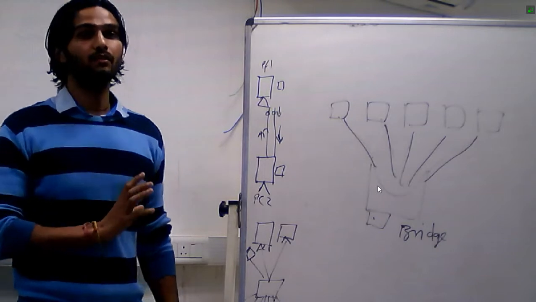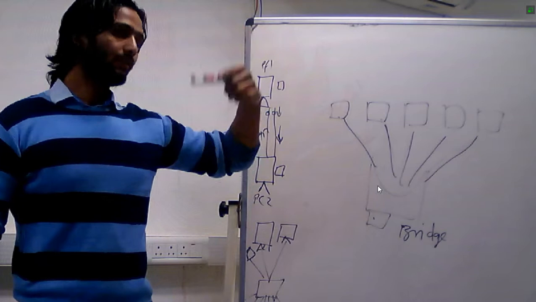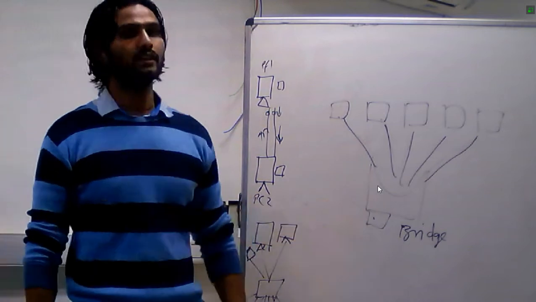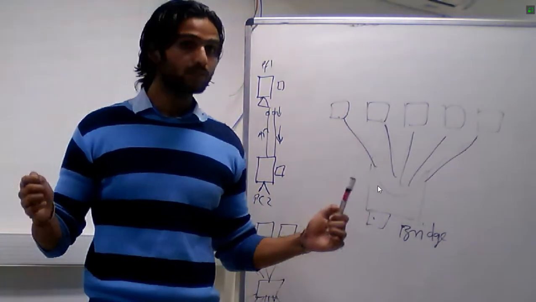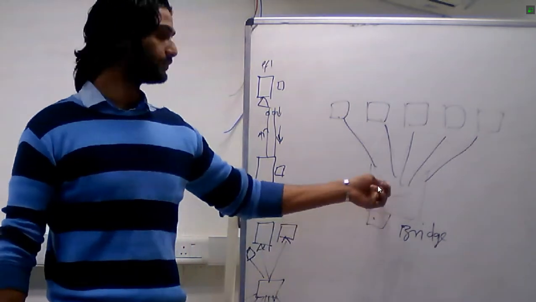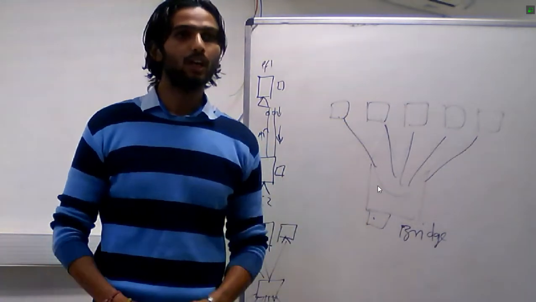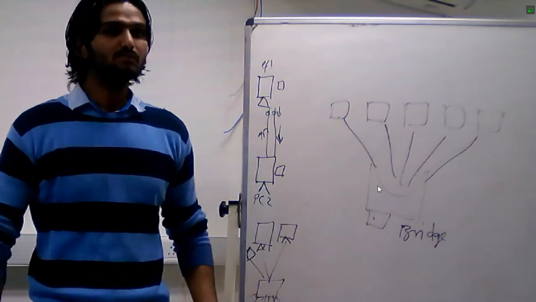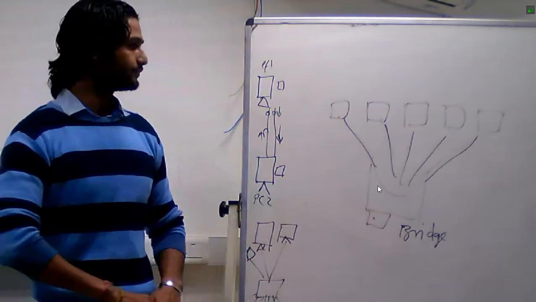So there are 600 hosts. So now the developers think we have to modify this bridge. We have to put in more slots so that more hosts can be connected. So they modified it, added some additional ports, and made it a switch.